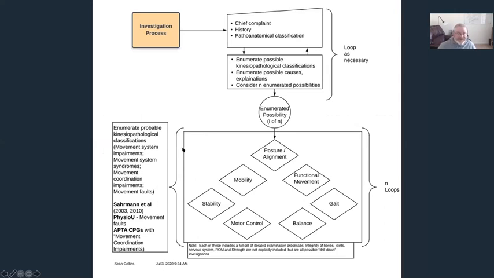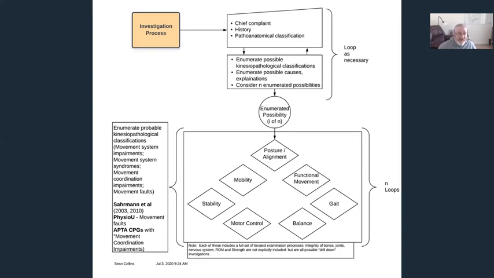So this idea of kinesiopathology has been around for a while. Sahrmann was actually talking about it back in the late 80s, early 90s, I believe. When you go into Physio-U, there's a movement faults portion of many of the diagnoses or conditions for which it provides explanations.